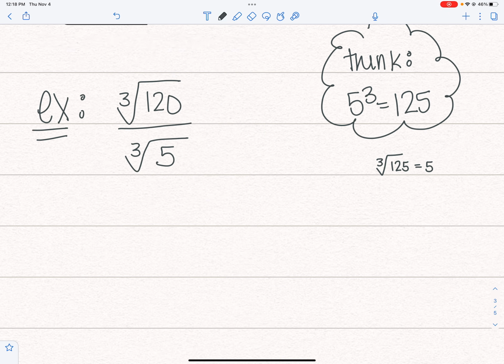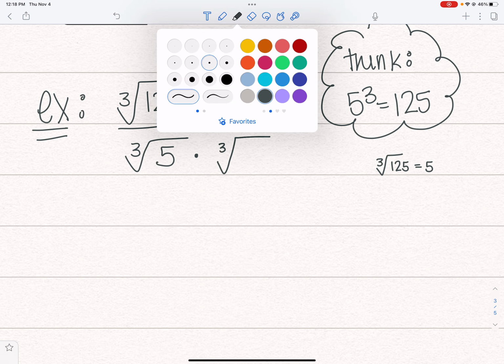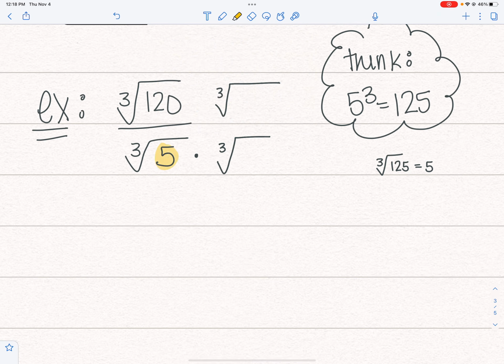I need to multiply top and bottom by the cubed root of something. 5 times what number gets me to 125? The easiest way will be to divide: 125 divided by 5 gives me 25. So I'm going to multiply top and bottom by 25, because 5 times 25 gives me that perfect cube, 125.